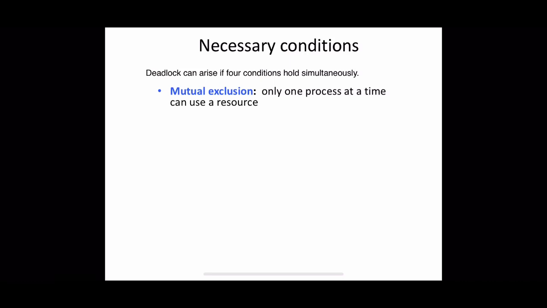That is, at least one of the resources is mutually exclusive, meaning only one process can access that resource at any time. In other words, it is non-shareable. For example, a printer is a non-shareable device, whereas a disk is a shareable device. So if at least one of the resources is in non-shareable mode, there can be a chance for deadlock.